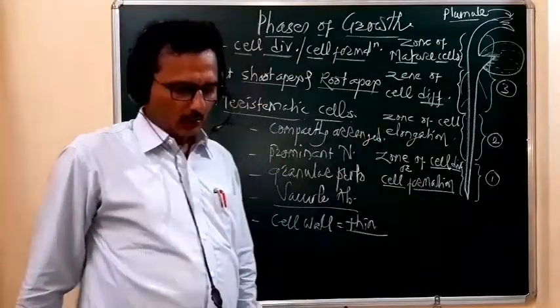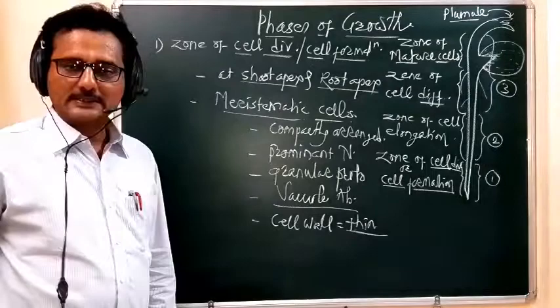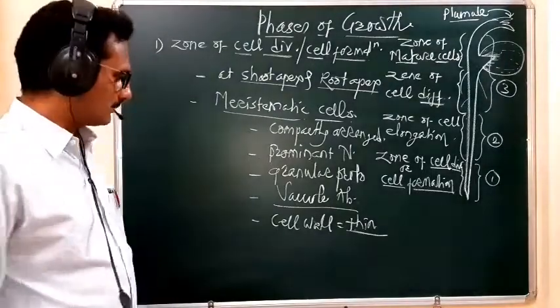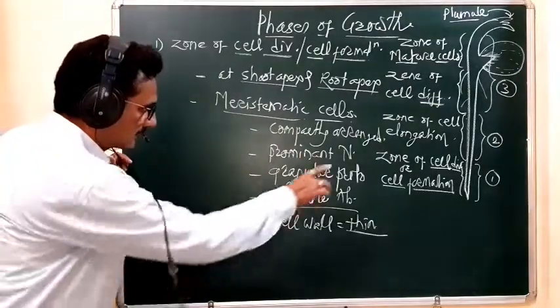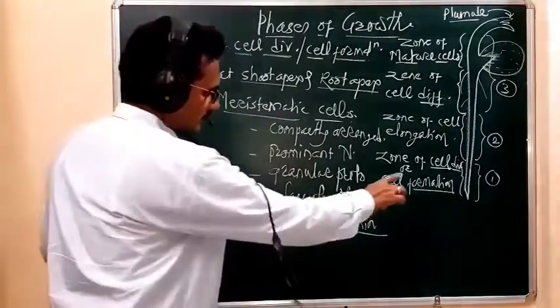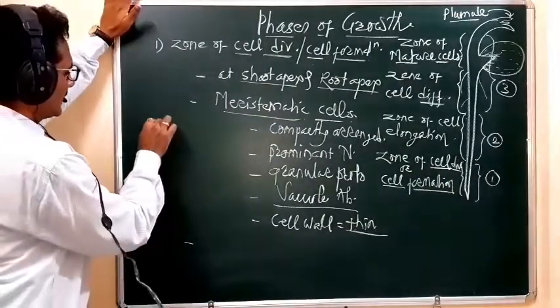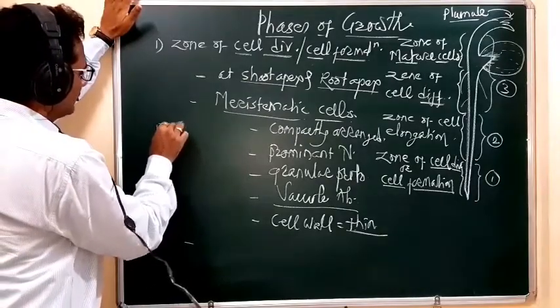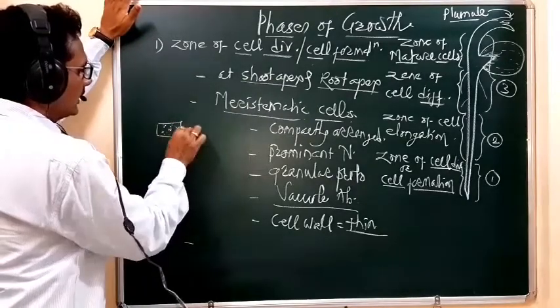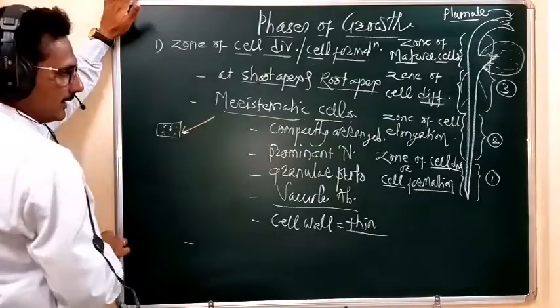Suppose this is a cell situated at the root apex, and this is a meristematic cell.